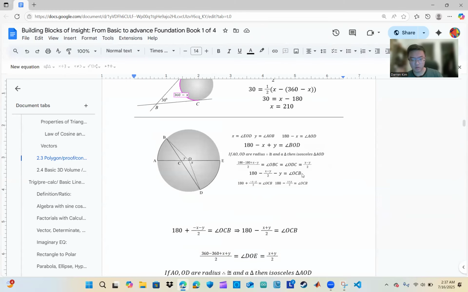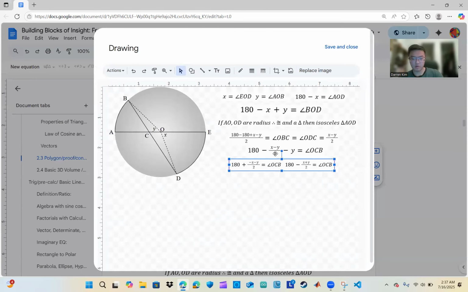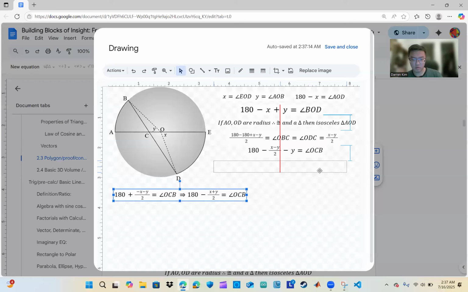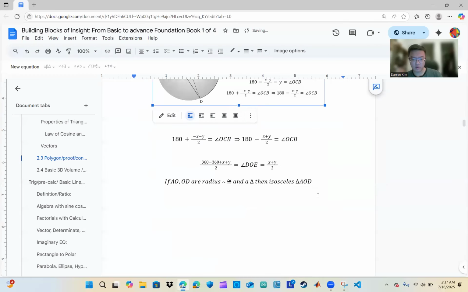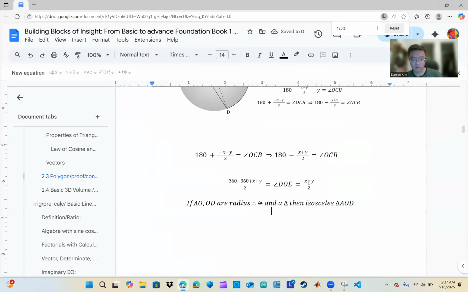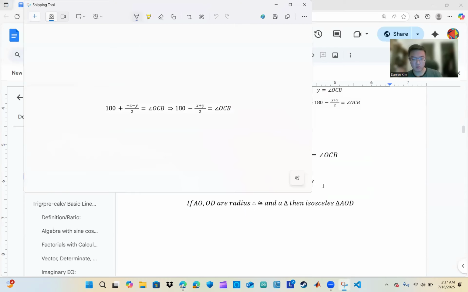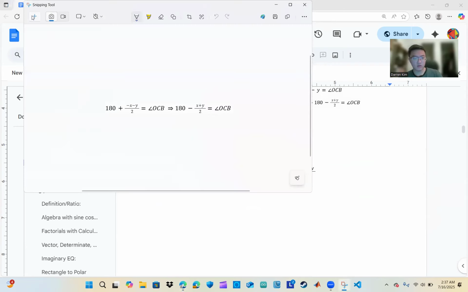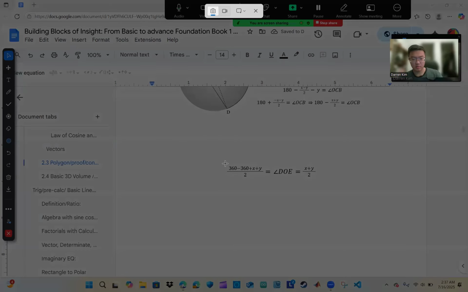Beautiful. Okay, that looks better. And then the last one over here, and we're done. Let me just delete the fluff. So we're done. All right, that took a longer time than I expected.